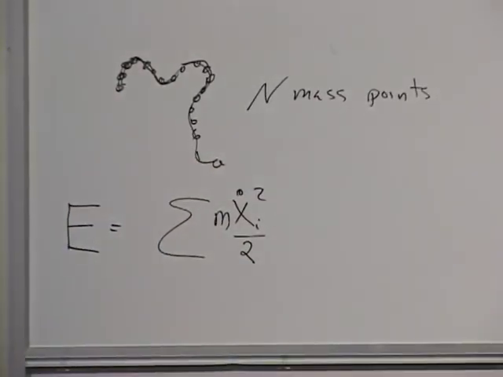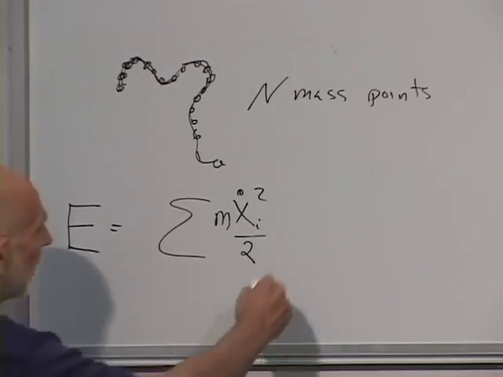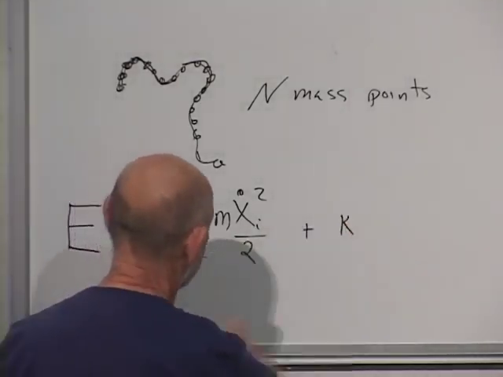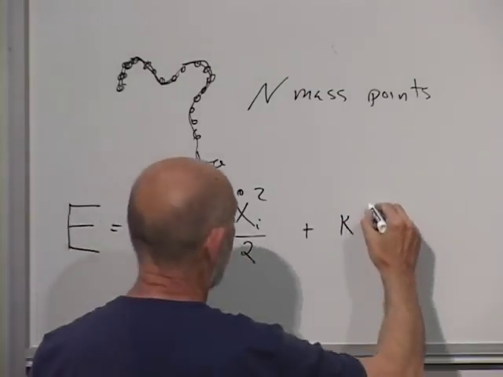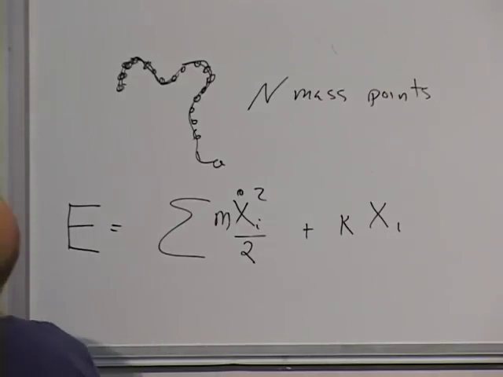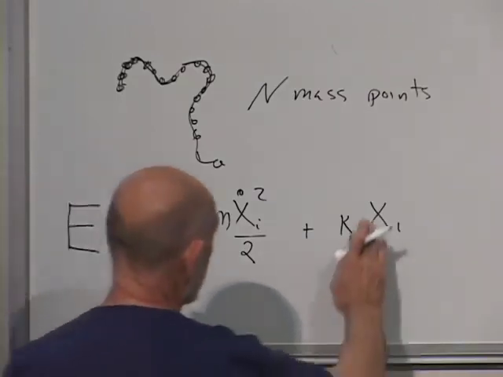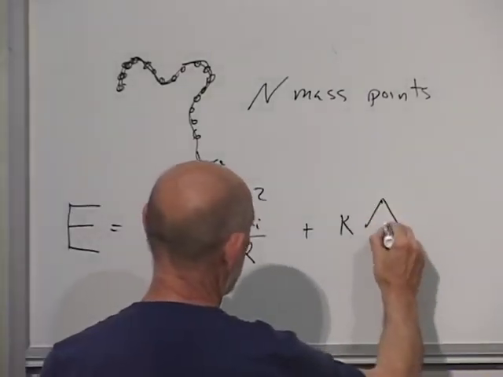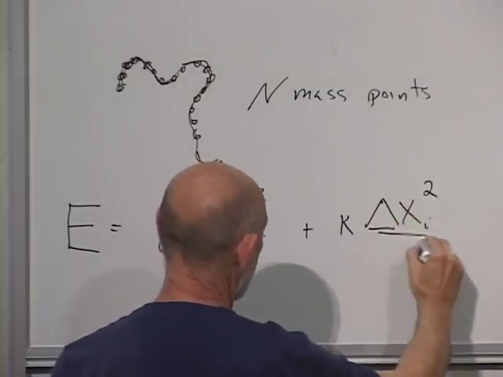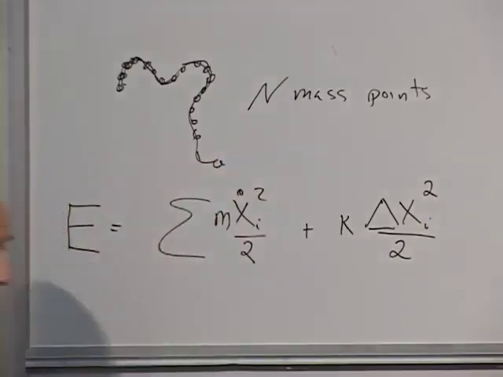That's the kinetic energy. And what about the potential energy? The potential energy is something like kappa times delta x_i squared over 2, where kappa is the spring constant of the springs between neighboring mass points.